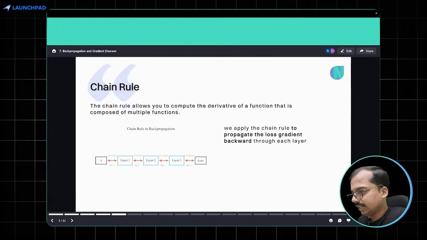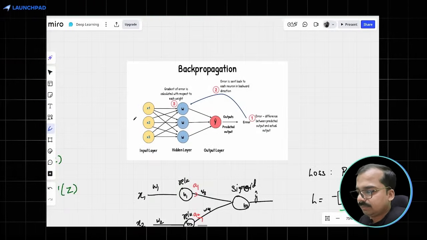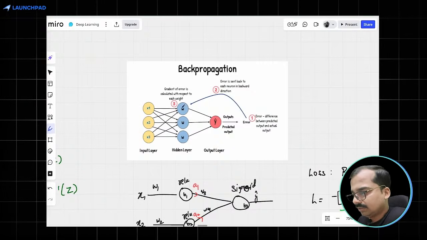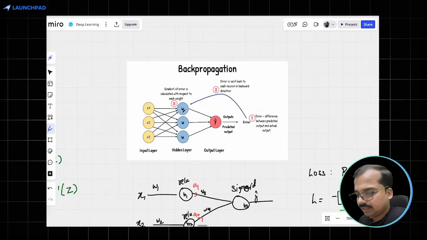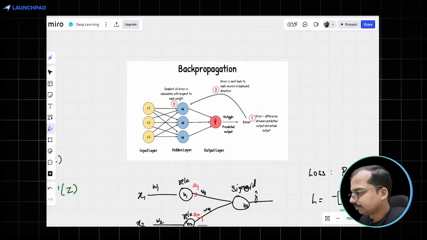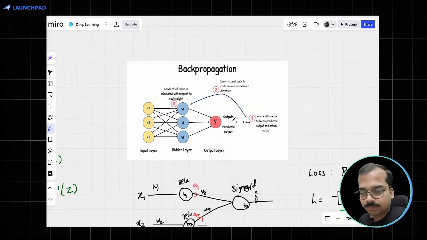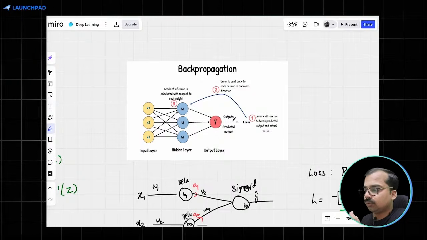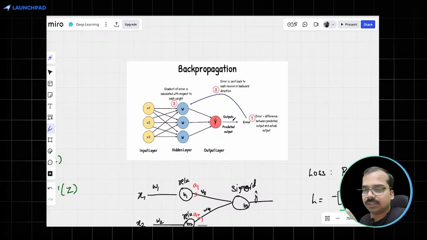So let's come over here. This is an example of backpropagation. What is basically happening is you have some inputs x1, x2, x3, and you have some random weights initially, right? You do the computation, that is weighted sum plus bias, and then you pass it through some activation, and you get the output. Now this output is the predicted output. What we want to do is calculate how good this predicted output is. You have studied something called loss, right?